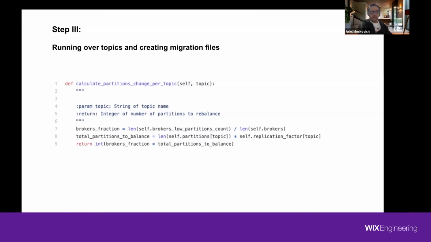And the number of broker appearances for that topic will be 30 multiplied by 3, which is 90. And the number of partitions that I will need to change for that topic will be 90 multiplied by 0.1, so a total of 9 changes.